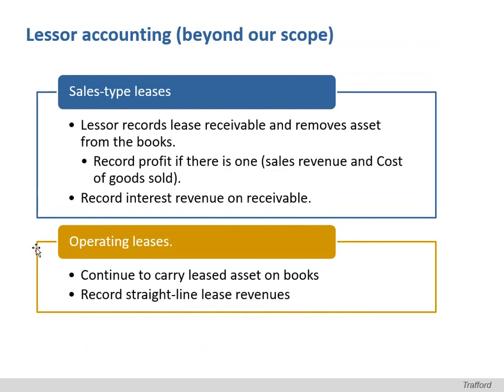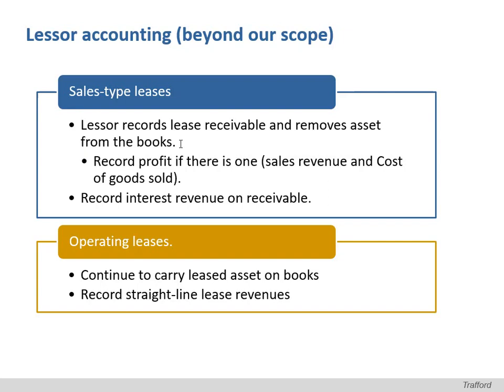I'll show you here accounting for sales type leases and operating leases for a lessor, but we won't actually be doing any examples with lessor accounting. As you can see though, it is sort of a mirror image of what we do for the lessee. In a sales type lease, the lessor basically acts as though they sold that asset. So they record a lease receivable, they remove the leased asset from their books.